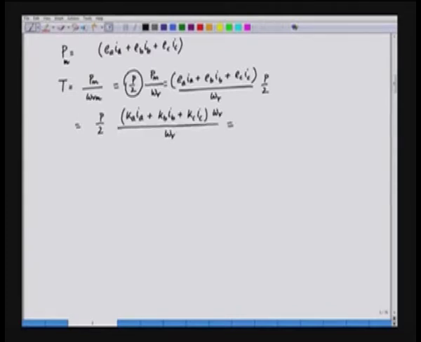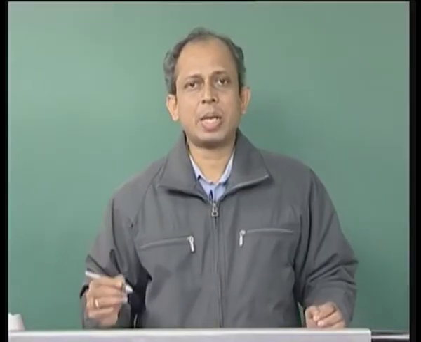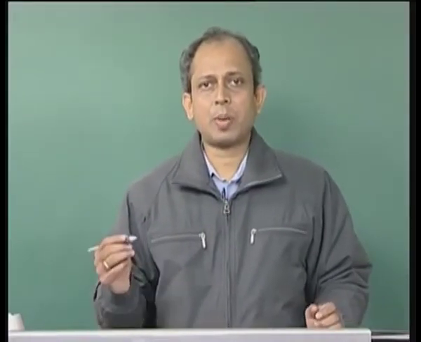So, finally, the expression for the torque is P by 2 times Ka Ia plus Kb Ib plus Kc Ic. So, this is the expression for the torque of a brushless DC motor in which Ka, Kb and Kc are functions of theta r.